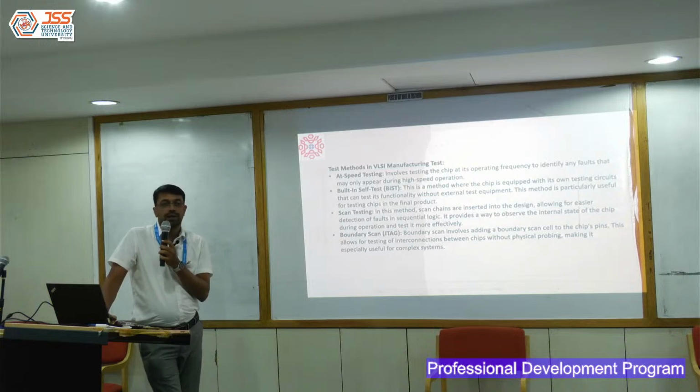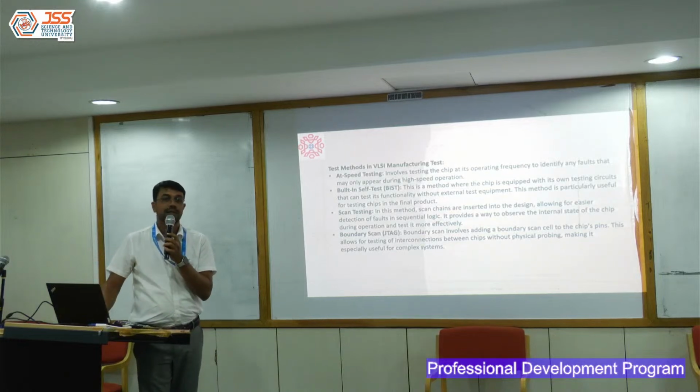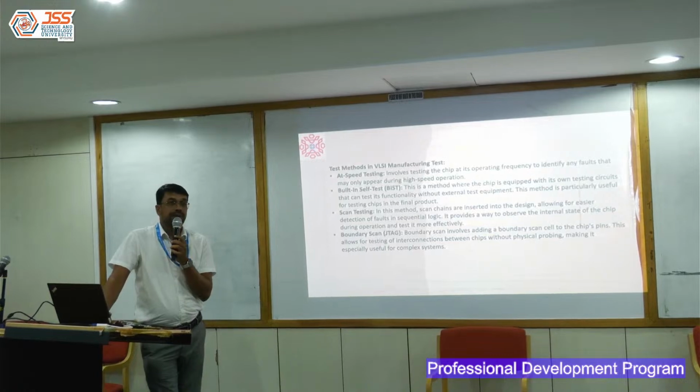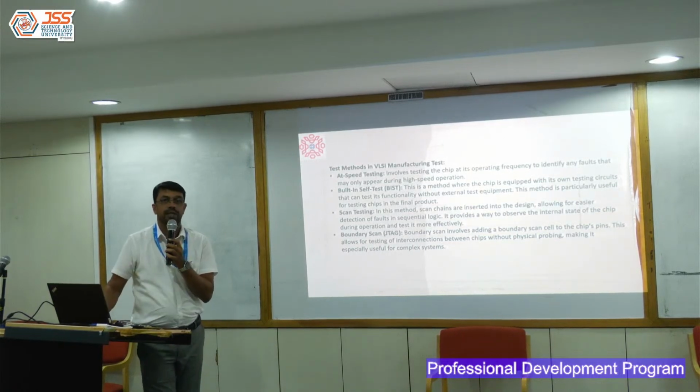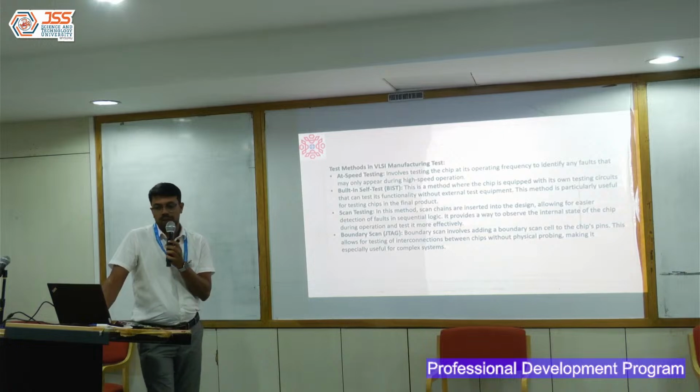And these were some of the testing criteria that I was talking about. Scan testing, where I was mentioning that each scan element, that's each sequential element, is hooked up into a scan chain. Built-in self-test is one method which I said we apply normally for memory. And there is something called as at-speed testing.